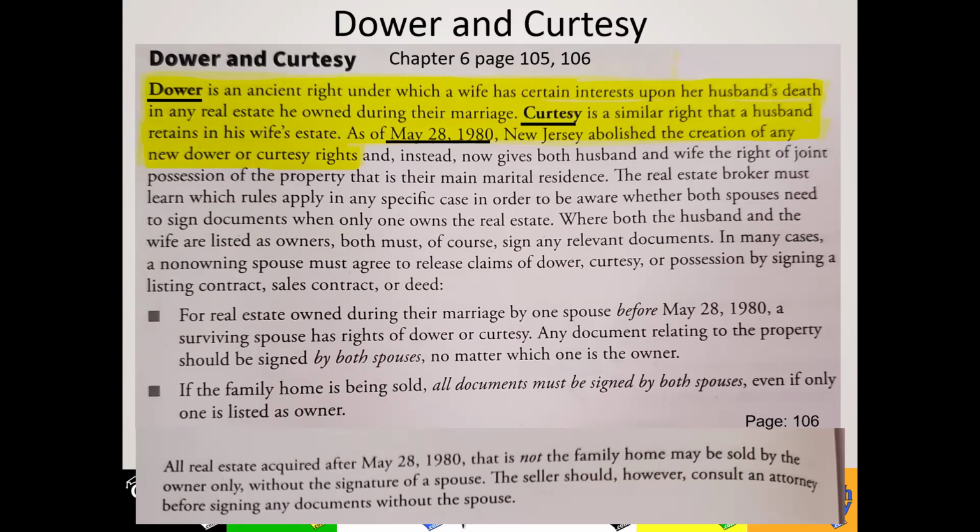But any buyer or buyer's attorney is going to look out for their clients, and they're going to want the other spouse who's not listed as the owner to sign what's called a quitclaim deed to give up any interest or rights or claims, possible claims that may arise from them of interest in the property at a later date.